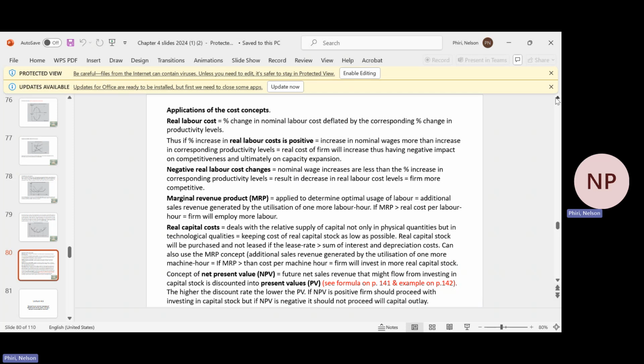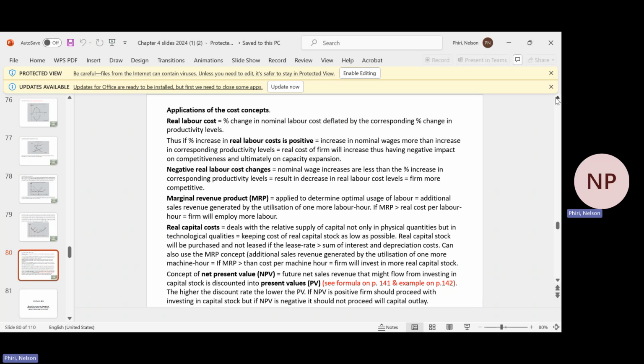Then you have your marginal revenue product, which is applied to determine the optimal usage of the labor. So you look at the additional sales revenue generated by utilizing one extra unit of labor. As long as your marginal revenue product is greater than the cost of labor, you keep on employing workers until you reach a balance.